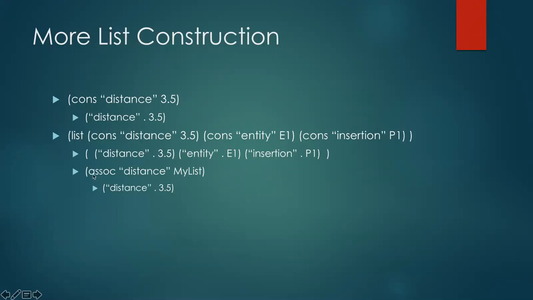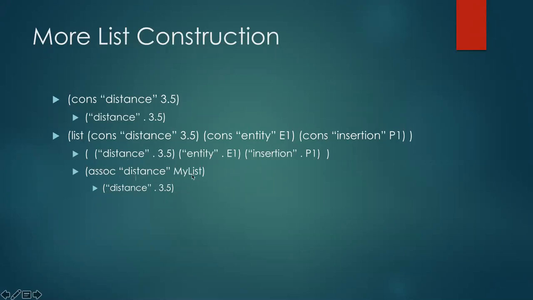For instance, I can use the ASSOC function for associative search, because once I create one of these, this is what's called an associative list. And so ASSOC distance of that list returns, unfortunately, the entire dotted pair. So as you can imagine, if I searched it for the distance pair, I know the first member is distance. It's a little unfortunate nuance of it, but we'll get around that easily enough.